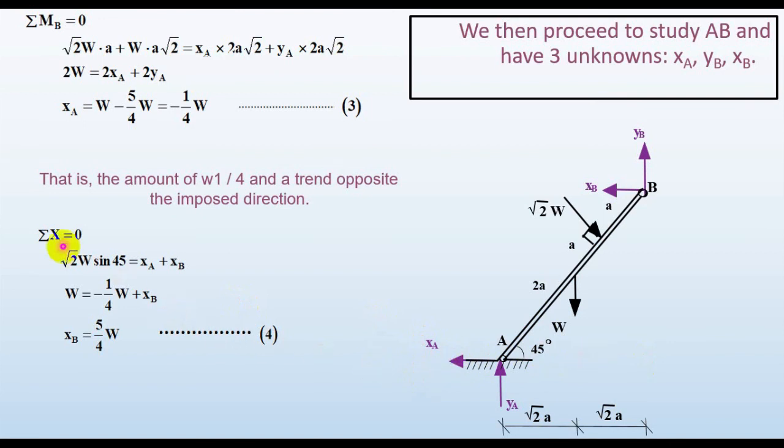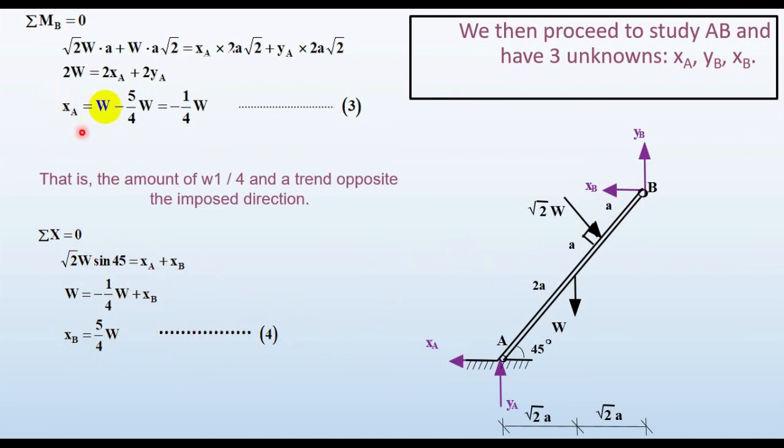Okay, if we take sigma X equals 0, so we will have this one sine 45 equal sigma X, and sigma XB and A. So XB to be the same, in the same direction in that one. Okay.